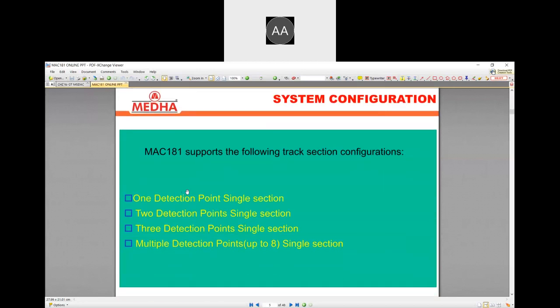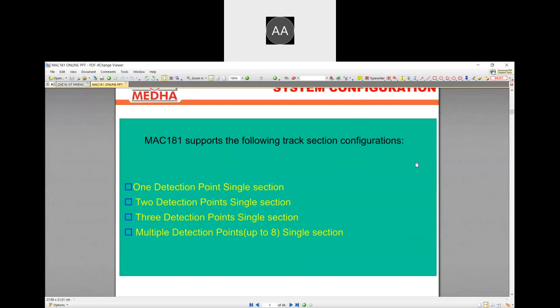The system, that is MSC181, is designed to support different types of configuration. The configurations it supports as of now are 1DP1S, that is one detection point single section, basically for sidings. 2 detection point single section is for a block section or a straight line. 3 detection point single section is for a point section.